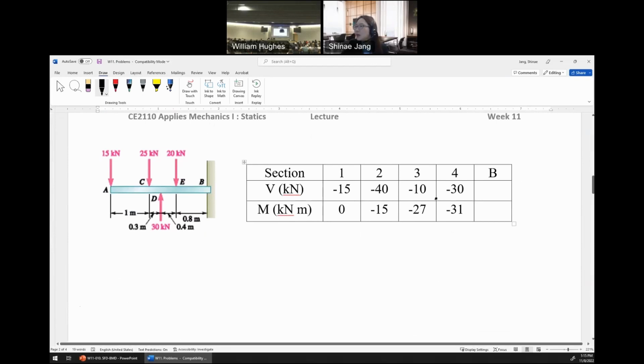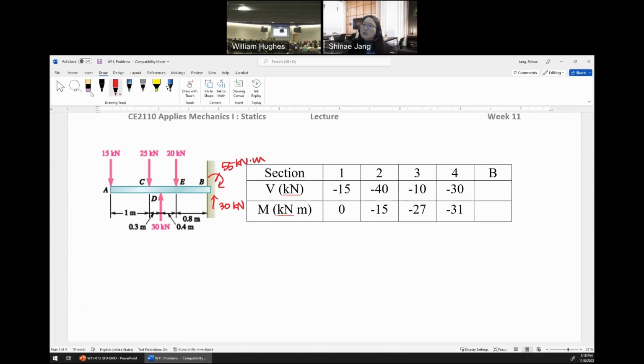These are what we have here: V1, 2, 3, 4, M1, 2, 3, 4, and at the fixed connection B, By was 30 kilonewton up, and the moment at B is minus 55, right? We assumed this direction, and since it's minus, it is in the different direction, so this is 55 kilonewton meter. So this is the free body diagram, and this is the table.